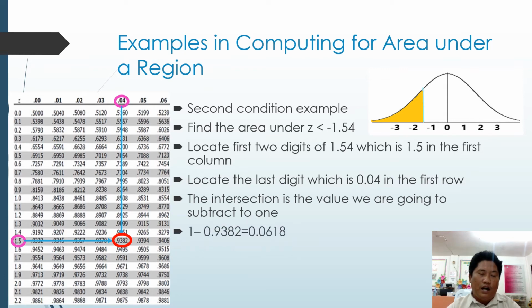So we have 1 minus 0.9382, which is equal to 0.0618. Therefore, the area under z less than negative 1.54 is 0.0618. And based on our illustration, it is less than 0.5. And yeah, we're confident that it is the exact value.